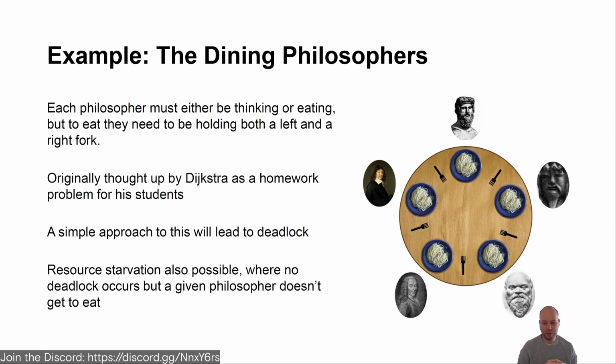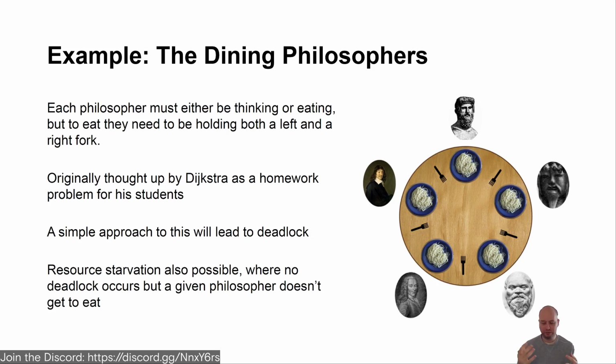But you can have a situation where a particular philosopher is never able to get a fork in both hands anymore. So if a philosopher is just picking up one, now you have a situation where a philosopher is holding one fork and is waiting for the next one, and that next one will never show up.